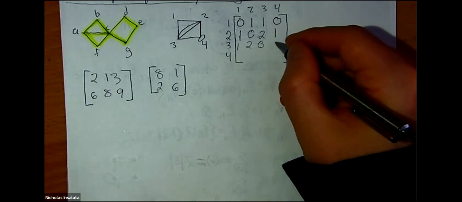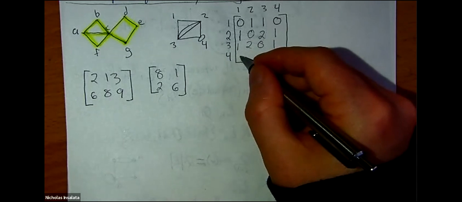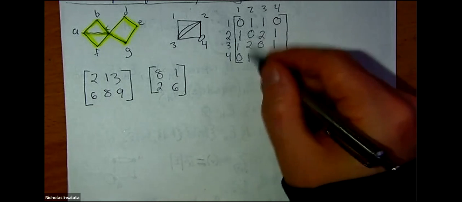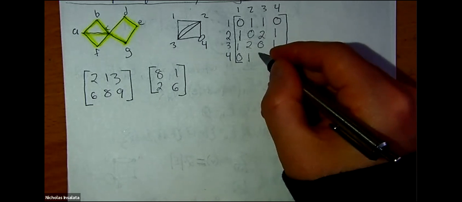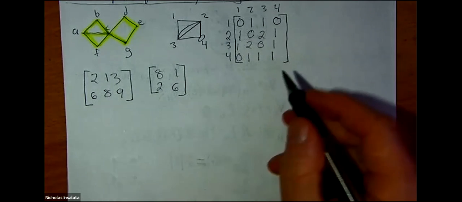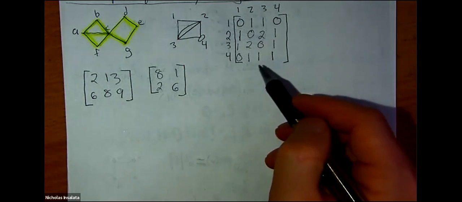And 3 to 4? 1. 4 to 1? 4 to 2? 1. Oh, you said 1. Sorry, 4 to 2 is 1. 4 to 3? 1, and 4 to 4, 1. Very nice. So this graph can be expressed by this matrix.